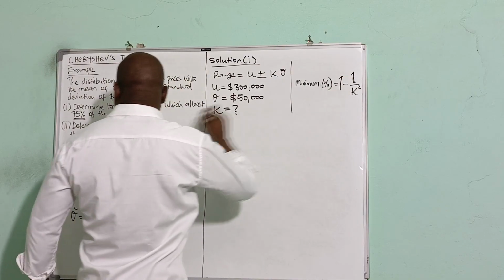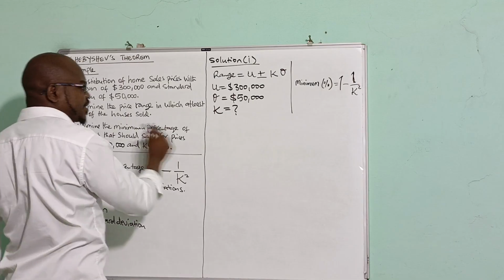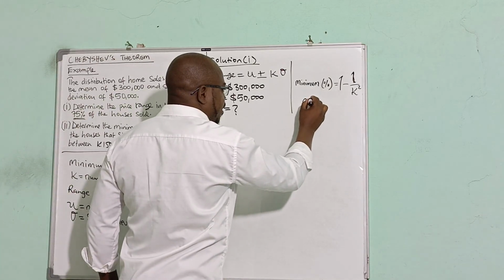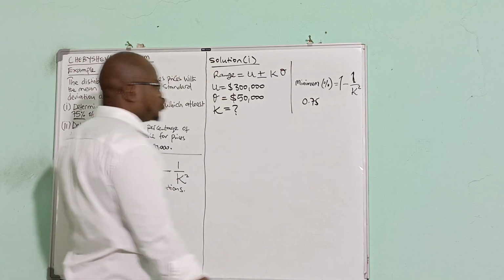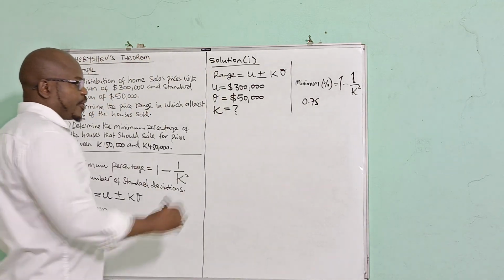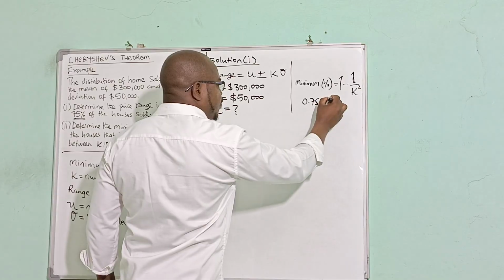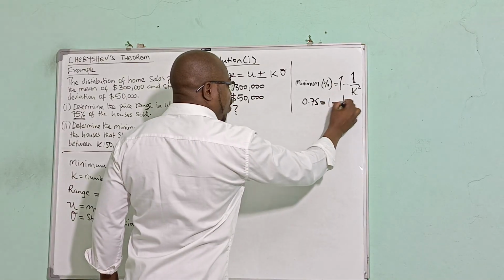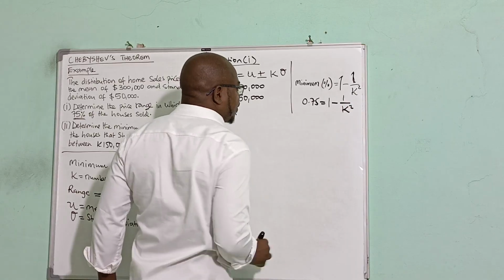We have the minimum percentage, 75%, which is 0.75.